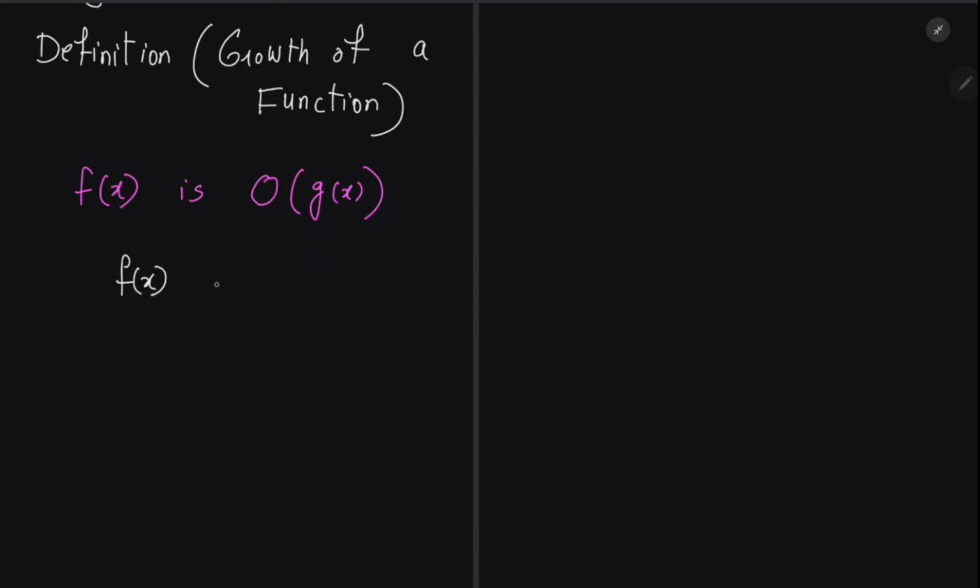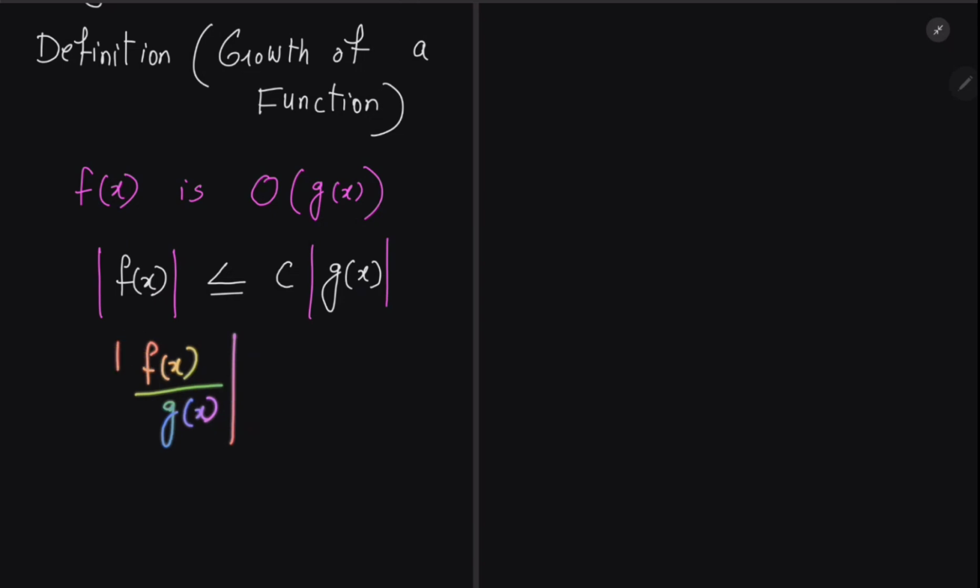the one function f of x is always either less than or equal to c, some constant, times g of x. Since in growth we are not interested in negative values, we put the mod over here. |f(x)| is less than or equal to c|g(x)|. Or we can also say that |f(x)/g(x)| is less than or equal to c.